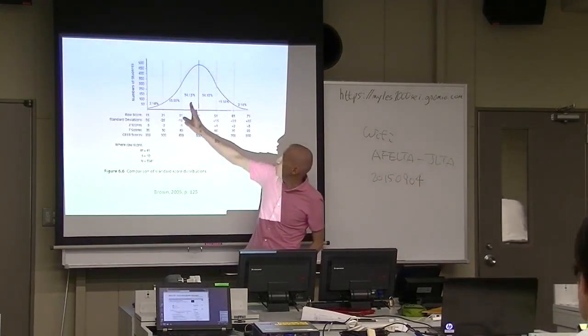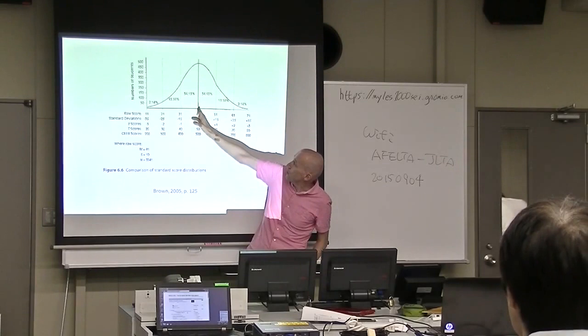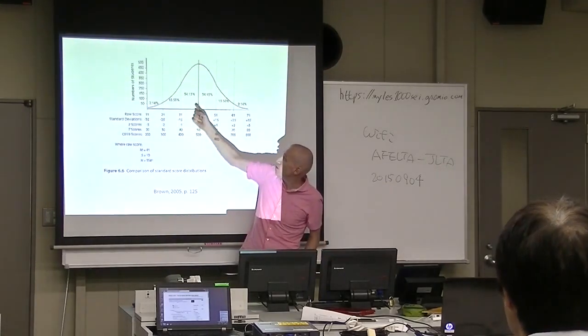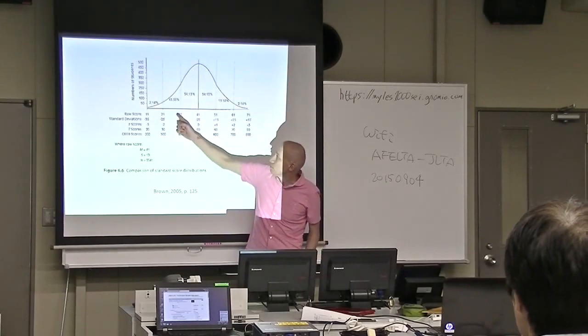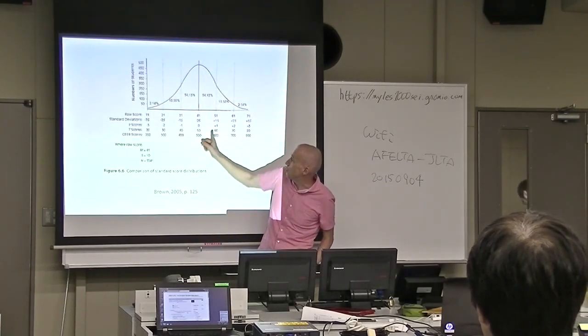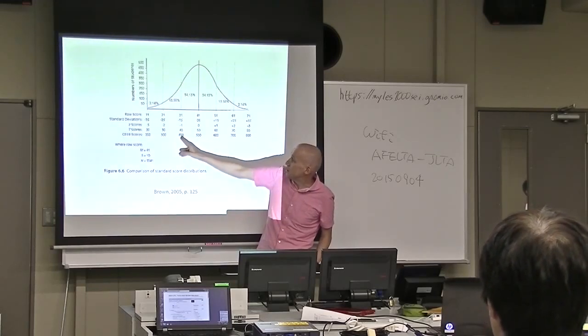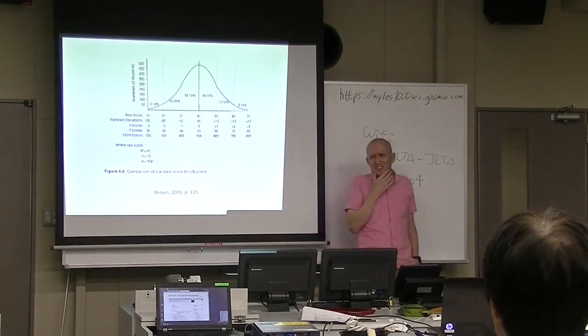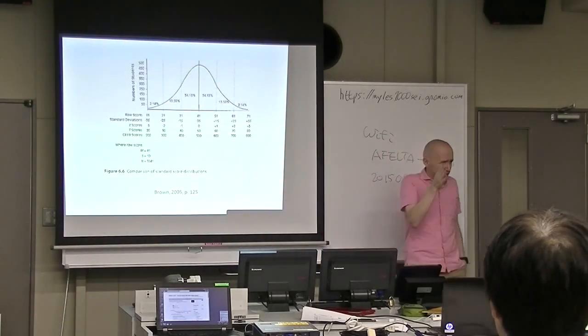So we've got a raw score of 41 if that's the average, and a standard deviation of 10 points. Then a Z score will be -1, a T score will be 40. The CEEB score behaves the same way as the TOEIC score does.